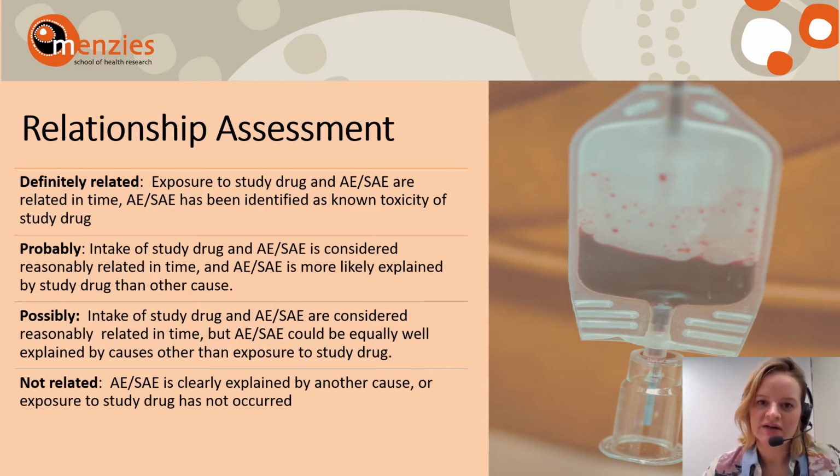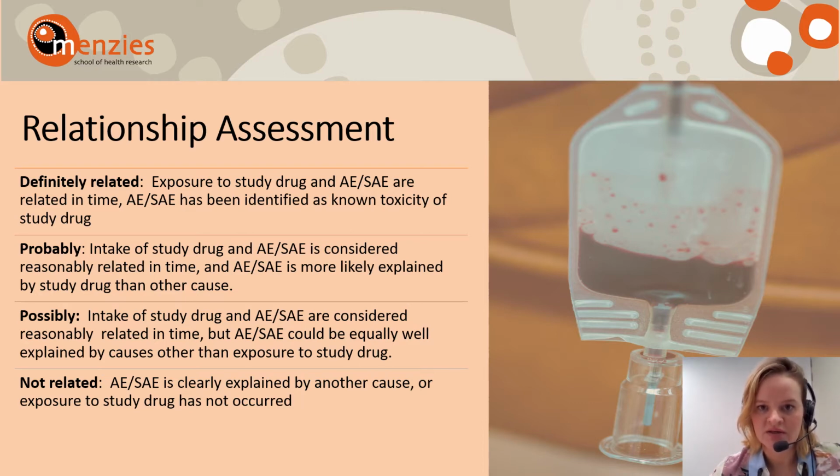The following guidelines describe the relationship assessment between an AE and the study drug. Definitely related is almost certainly a causal relationship exists when the event is a well-known effect of the study drug.